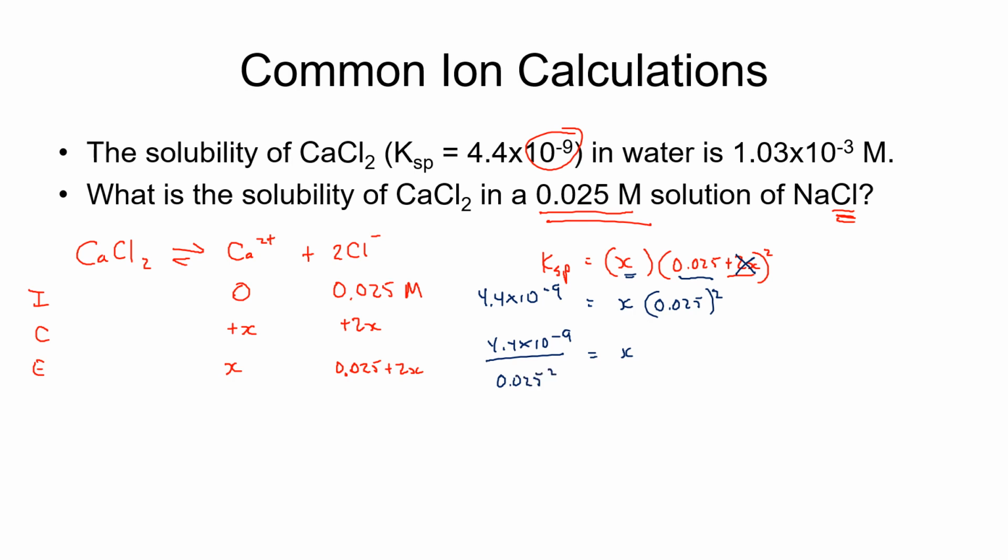So let's do that. 4.4 times 10 to the negative 9 divided by 0.025 squared equals. And so x, as expected, is a really tiny value. 7.0 times 10 to the negative 6 moles per liter. So that'd be your solubility in this solution that already has some chlorine ions in it.